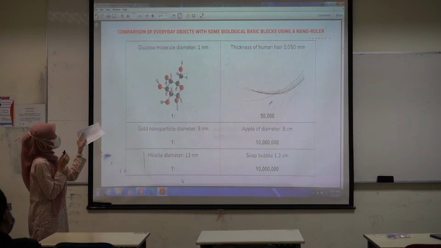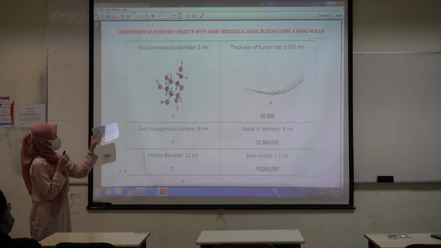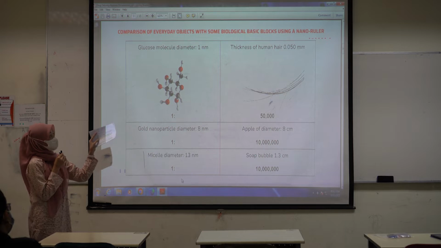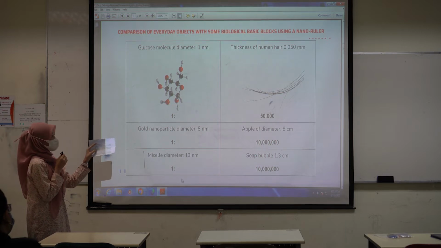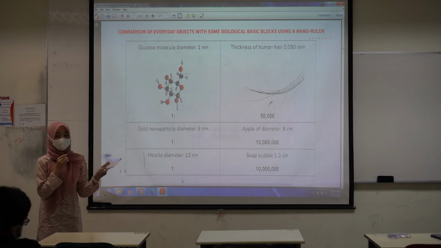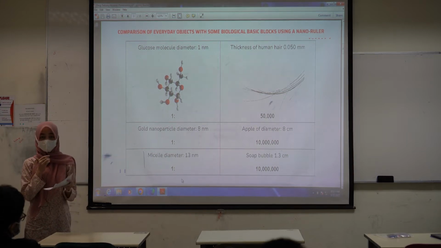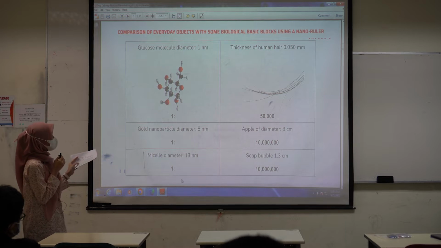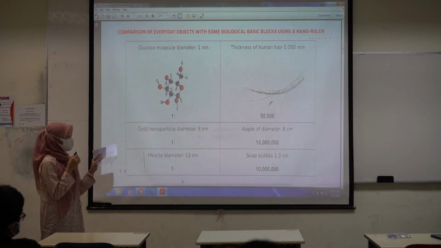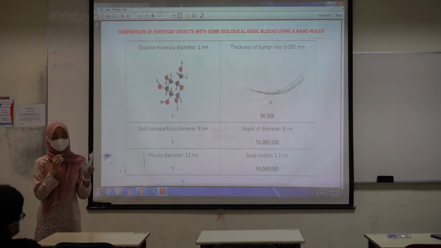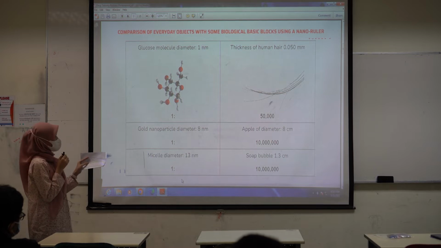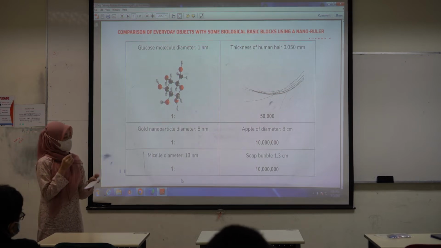The glucose molecule is 1 nanometer, and the thickness of human hair is 0.05 millimeter or 50,000 nanometers. From this comparison, it is incredible that the energy needed for our metabolic activities can come from a molecule that is smaller than a single strand of human hair, which is 50,000 times smaller.